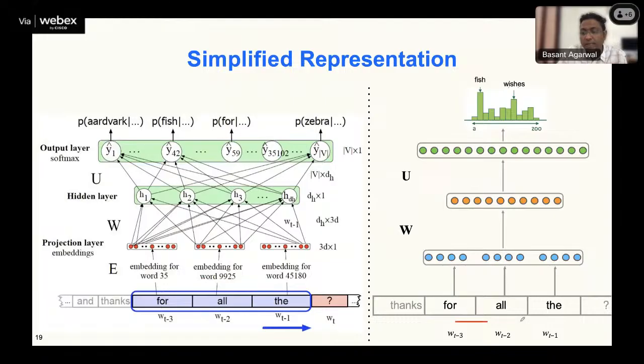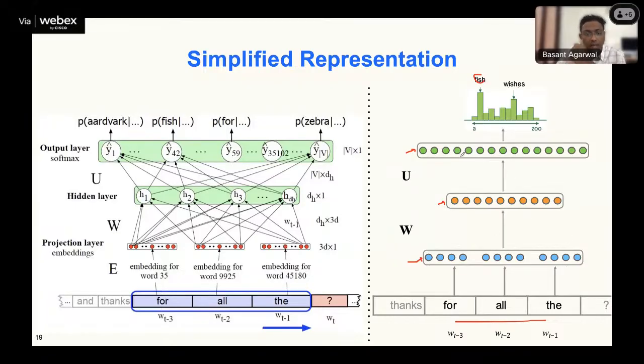Given these context words, we convert them to embeddings, which become our input layer. Then we have the hidden layer, and then the output layer, which is trying to predict the best possible next word. Based on the highest probability represented with the softmax, fish is the word predicted next.